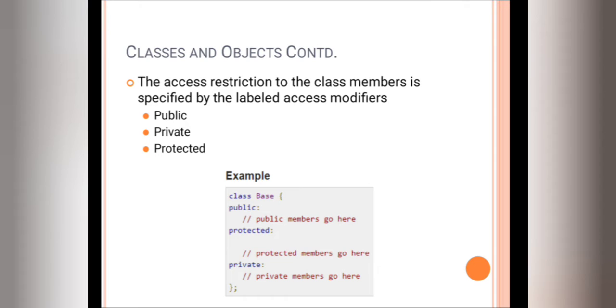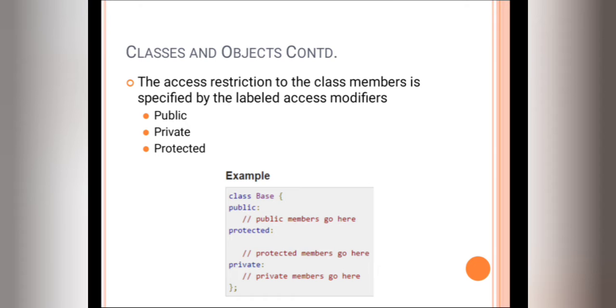Here, in the public, private and protected access modifiers, we will discuss each one in detail. You can see an example in the diagram below. A class is declared, then public indicates the public members, protected indicates the protected members, and the keyword private indicates the private members. When we are declaring the members, those members may be attributes, or they may be functions.